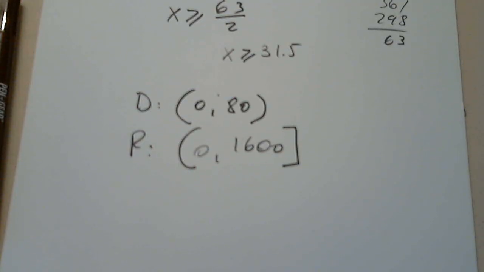Explain why the domain obtained in part A makes sense. The width of the window must be greater than the width of the window must be greater than half of the perimeter.